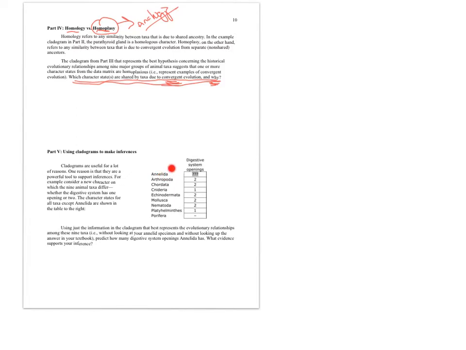Whichever one Annelida is most closely related to probably shares that same digestive system opening. Since they share so many other characteristics, it's likely they share this characteristic. So what they're asking you to do is inference: taking information or data that you're given and knowledge that you have, and making a logical guess as to how many digestive system openings this species would have.